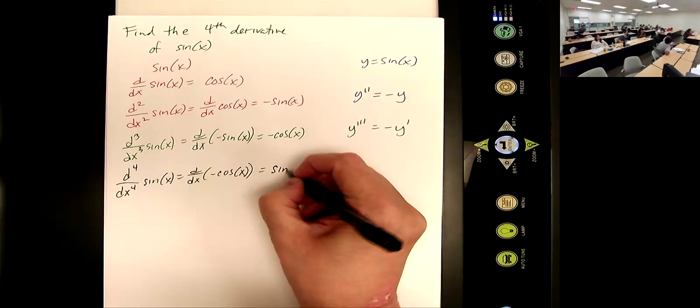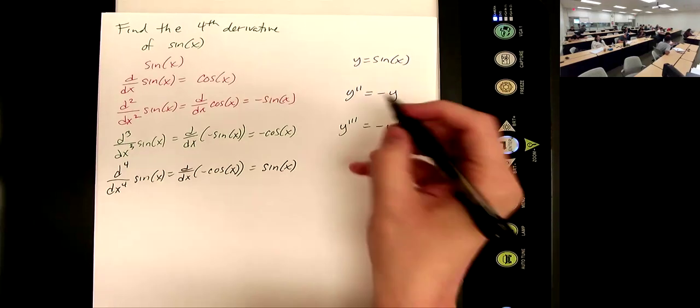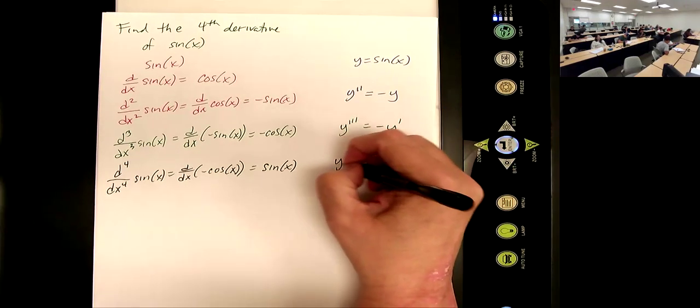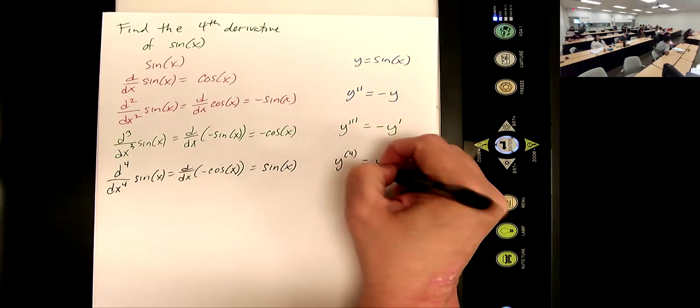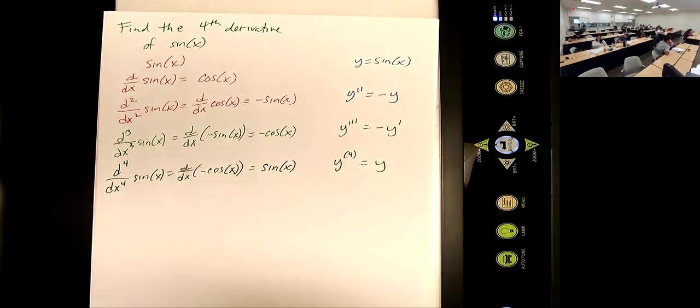Back to sine x. That's pretty neat. The trig functions go through a loop. That keeps going: you could take the eighth derivative and you're gonna get back to the first.